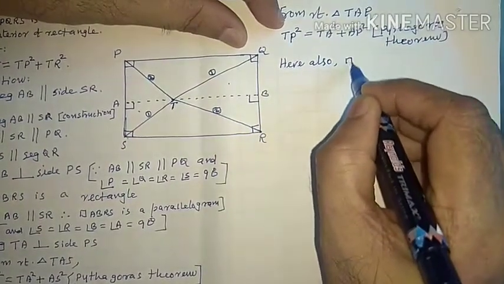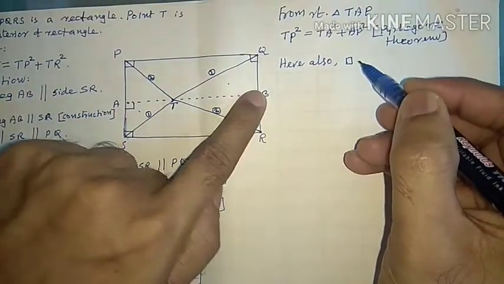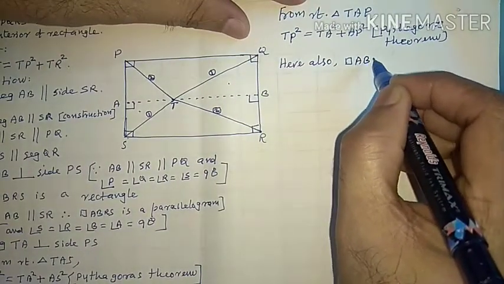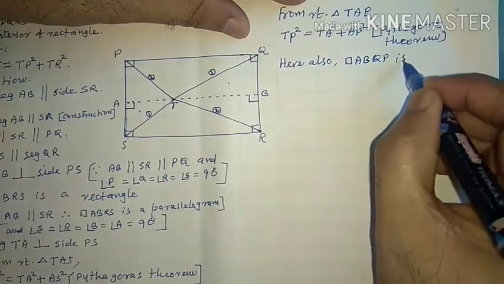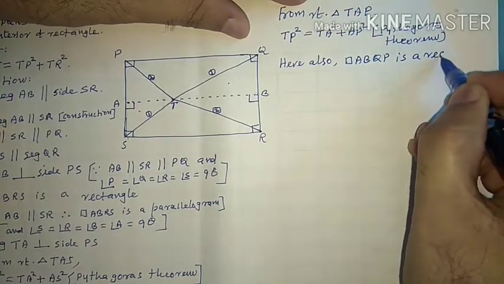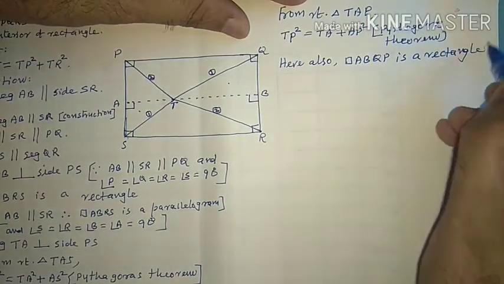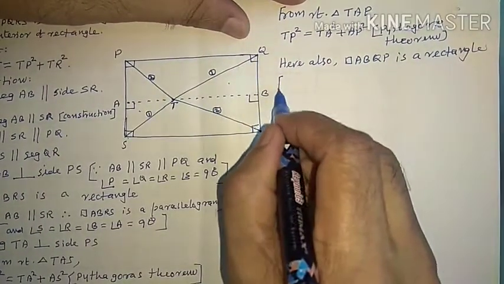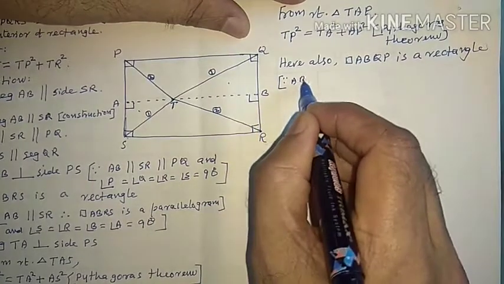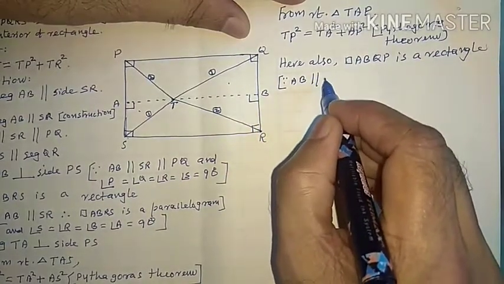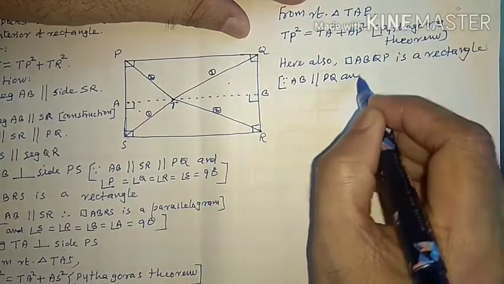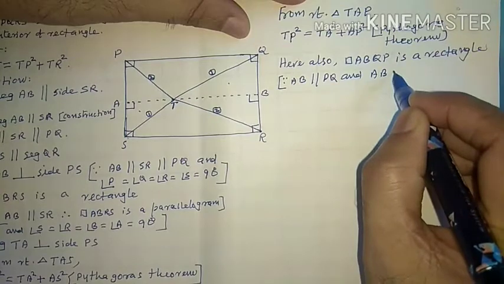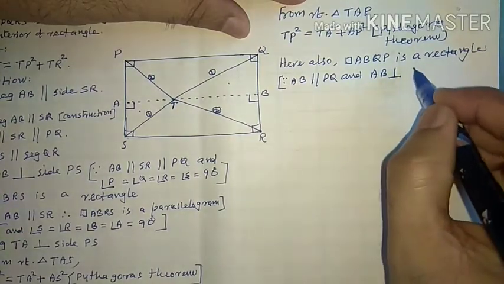Here also, quadrilateral ABQP. ABQP is a rectangle because AB is parallel to PQ, and AB is perpendicular to PS.